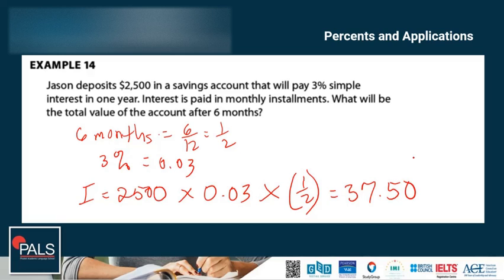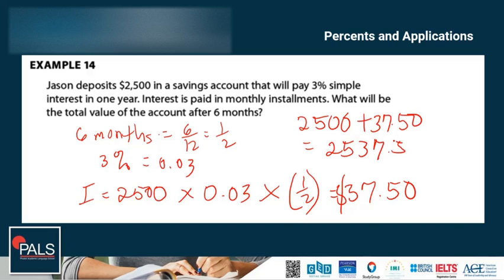If the interest earned in 6 months is $37.50, then the total value of the account after 6 months will be 2,500 plus 37.50. The answer is $2,537.50. Okay, so this is the answer.